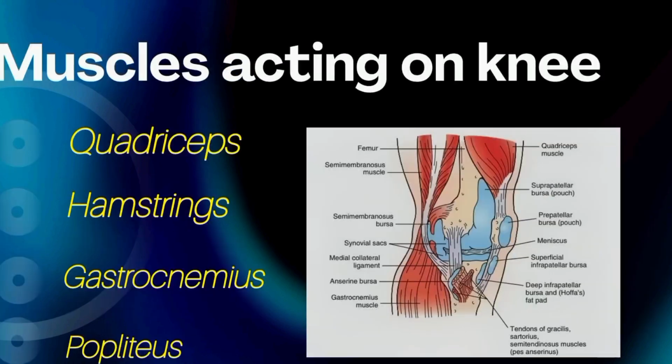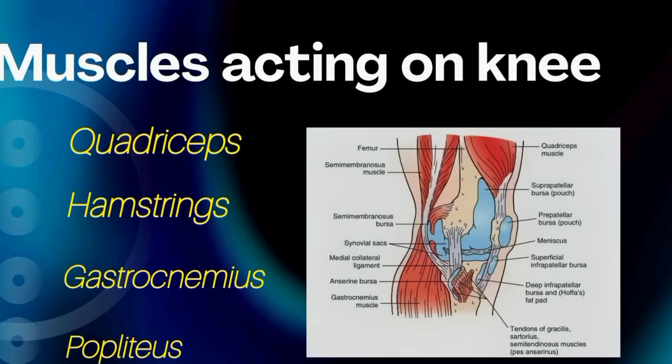Muscles acting on the knee joint. Muscles around the knee are responsible for the movement. The quadriceps muscle is responsible for extension, while the hamstring muscle is responsible for flexion. The popliteus muscle plays an important role in unlocking the knee during the movement.